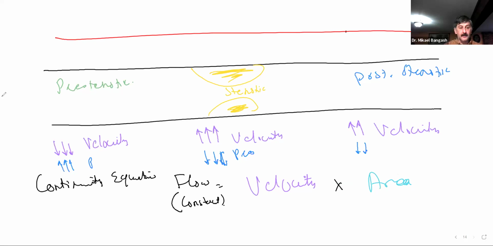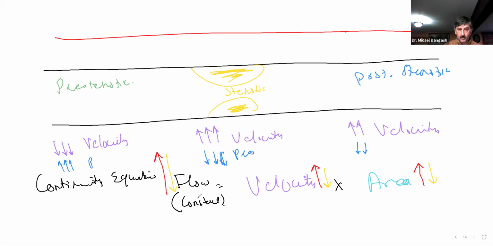That mainly means that an increase in either of these two will mean you had a greater flow, or a decrease in either of these will have led to a decrease in flow.